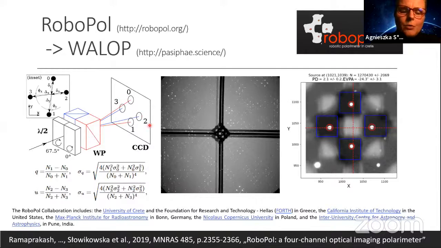Basically what you have to do is normal photometry calculations to get the flux, and then you input this into this equation to get the normalized Q and U parameters. And then here we have the equations to calculate the errors, and you will be able to get the polarization degree and position angle.